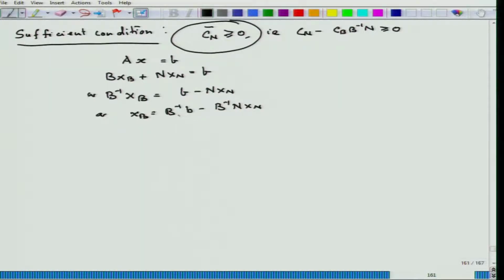Now, observe that B inverse b we have already given the notation b bar. Now, consider any feasible x. So, this is true for any feasible x.